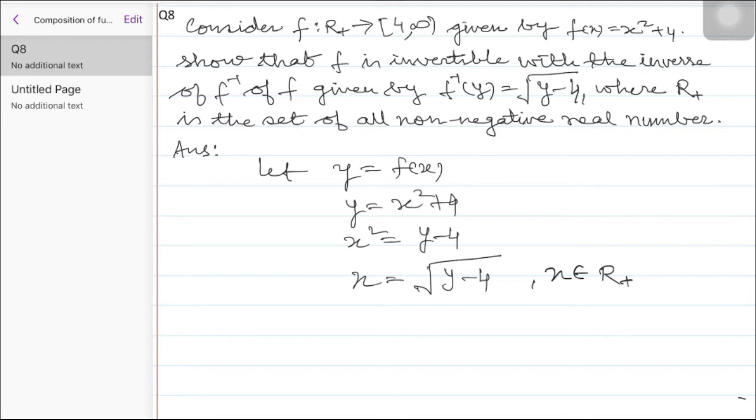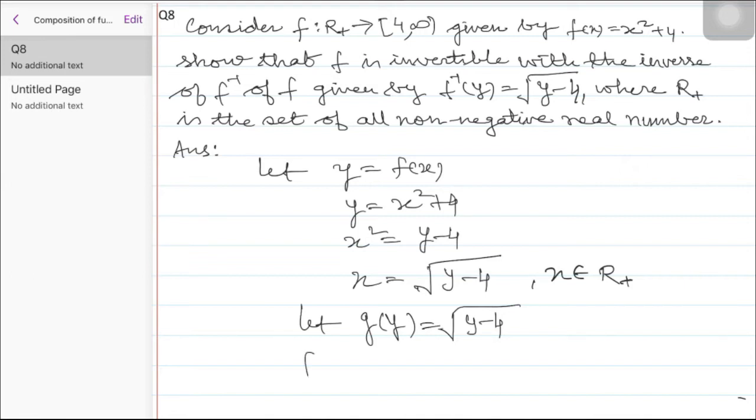Since x belongs to r plus, so only plus sign will be taken. X is equal to square root of y minus 4. Now let us define another function g of y. Let g of y is equal to square root of y minus 4.